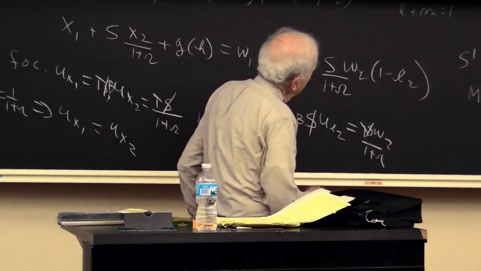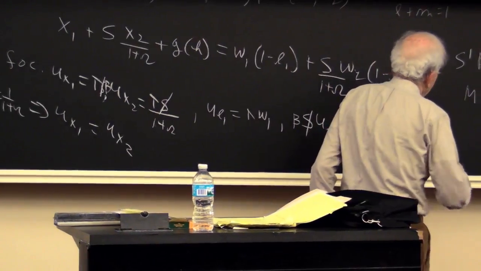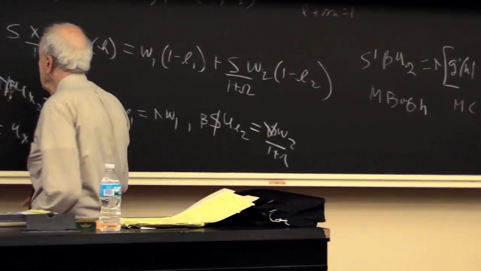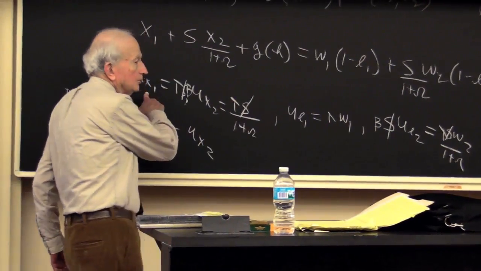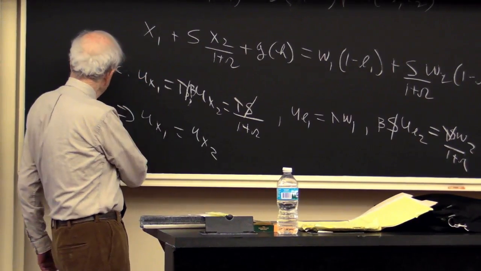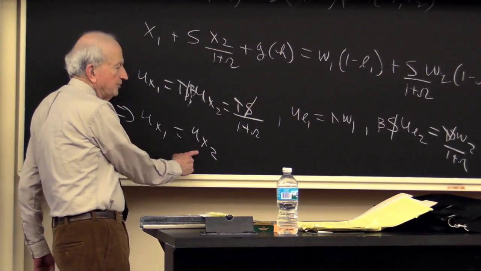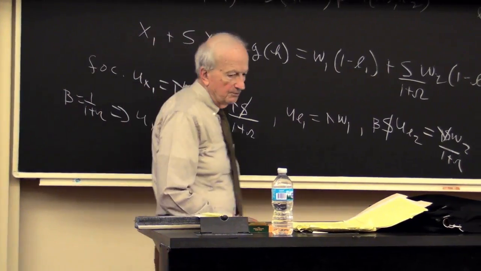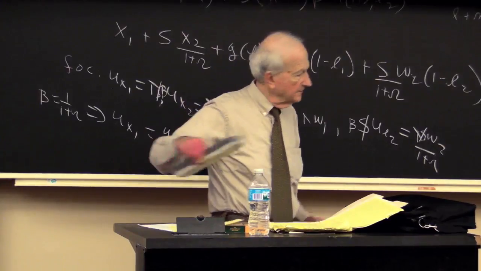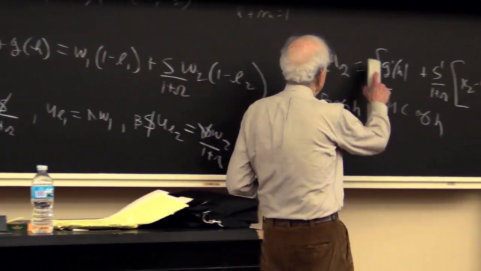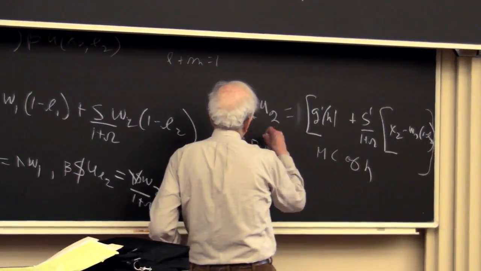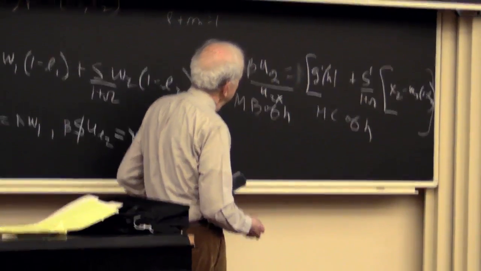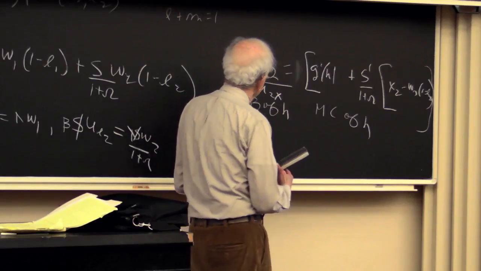Well, a way to look at that is, we know what lambda is. Lambda is simply marginal utility in period 1, right? With this assumption, marginal utility in period 1 is equal to marginal utility in period 2. So we can replace lambda by U2x. Okay?